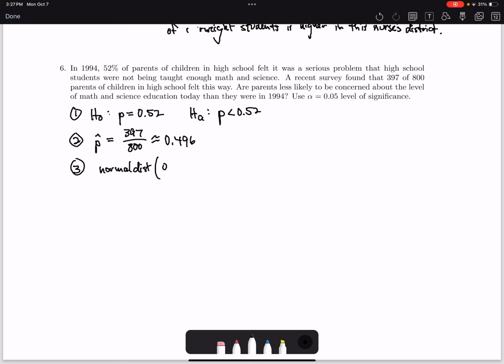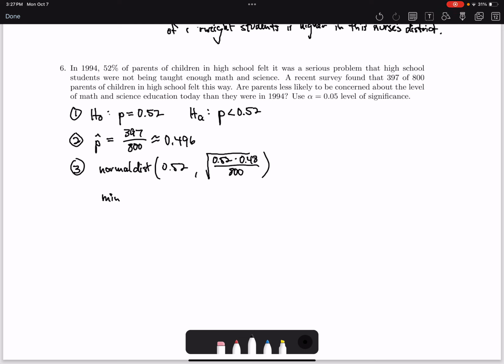Assuming that the null hypothesis is true, the mean of that normal distribution is going to be 0.52, and the standard deviation is going to be the square root of 0.52 times 0.48 divided by 800. Our sample size was 800 here. Now here there isn't much of a difference, a little over 2% difference. However, our sample size is so large that we might end up with a small p-value. We'll see.